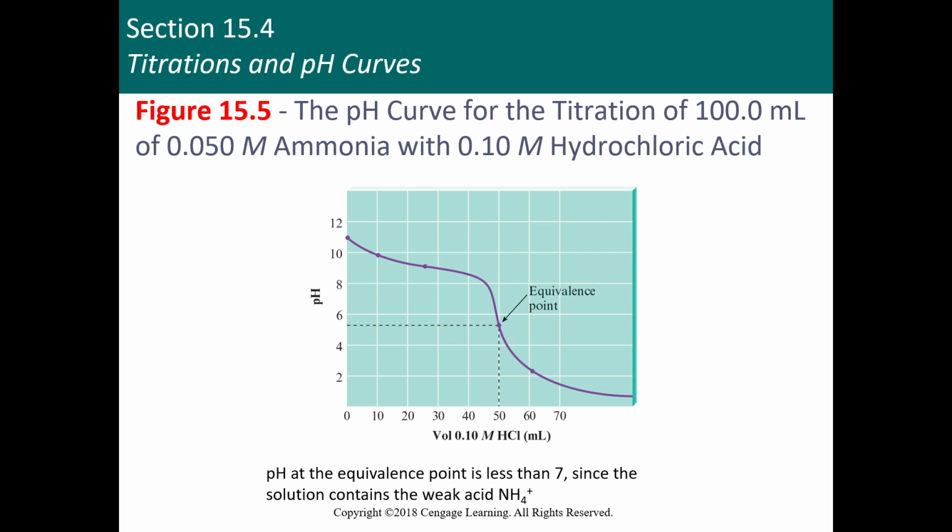All right, so this is your pH curve that we were talking about. We had a weak base that was being titrated with a strong acid. And so we start up here at basic pHs. And you add an acid slowly. You will notice again, this is a buffer system right here. We establish a buffer system, and then we break our buffer system down here.